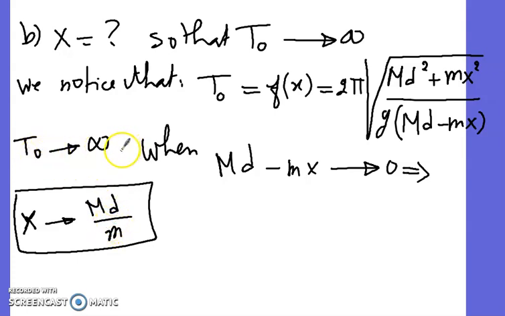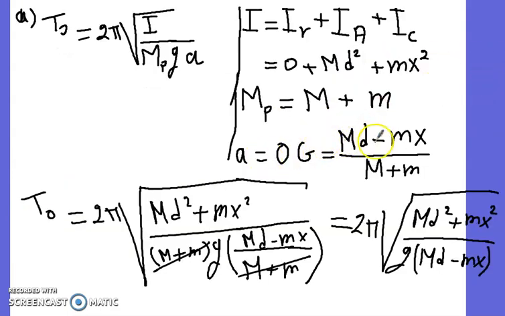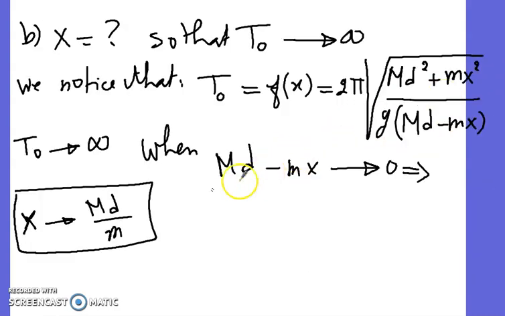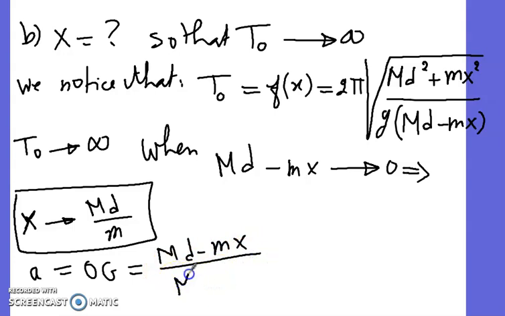What does this mean? Let me replace x in this expression for a. In this case, we have a, which is OG, equal to m d minus m x over the total mass of the pendulum.